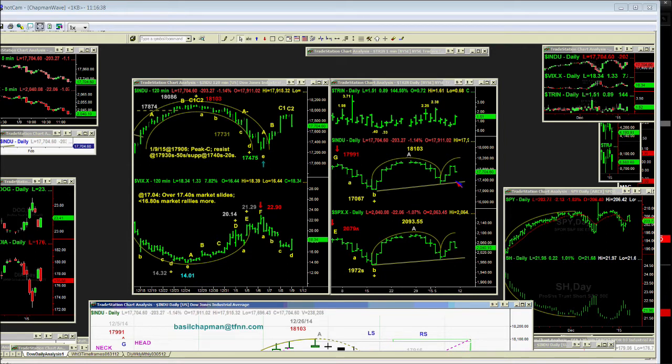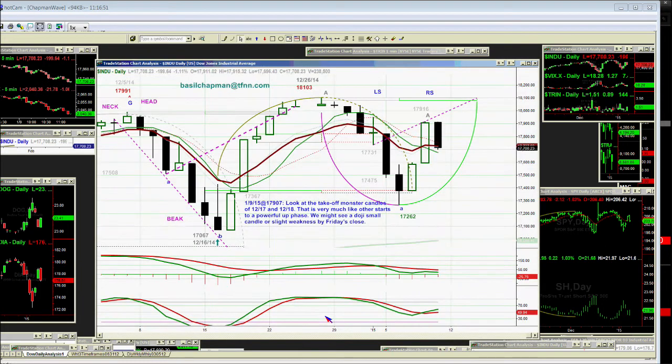If you're looking at the daily chart, still not a big deal. We're still making higher highs and higher lows. But let me tell you something. I'll explain it as we go along. This is saying to me that even if we make those new highs that I'm anticipating, even if it's just nominally higher, 18,106 or 18,150, maybe 18,200 in the Dow, slightly higher in the S&P, it doesn't matter to me.